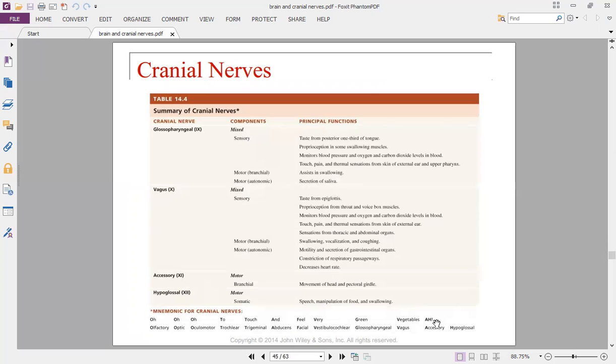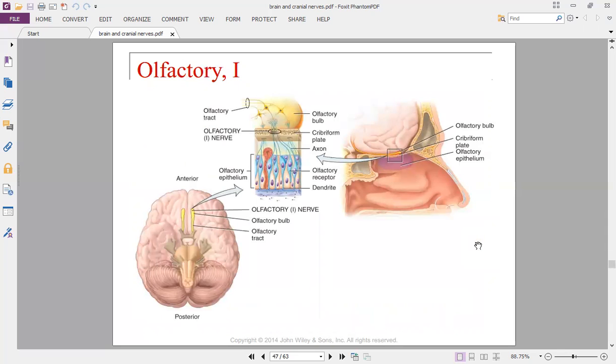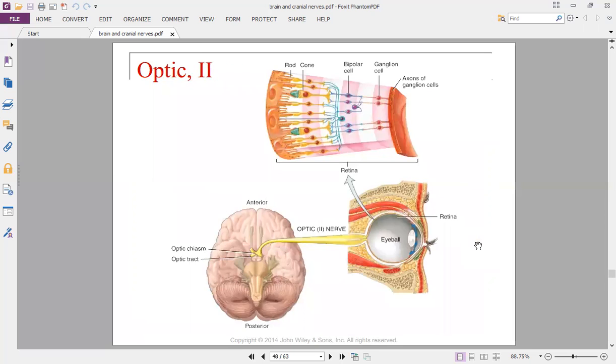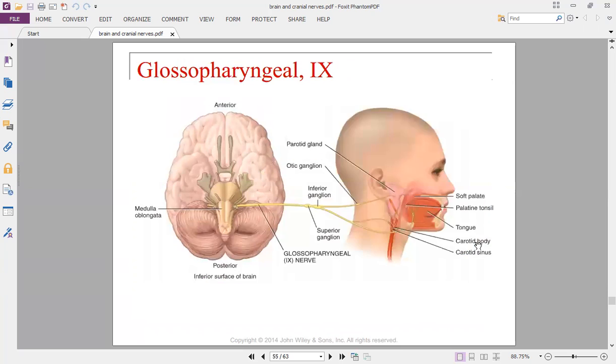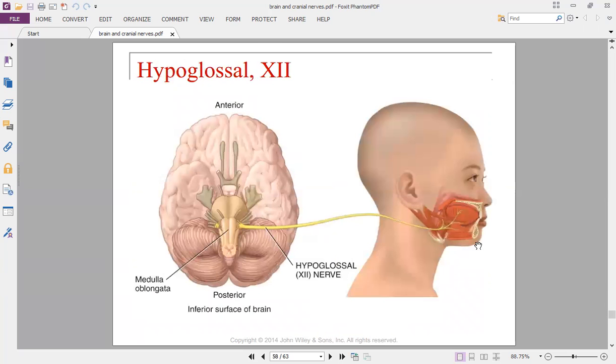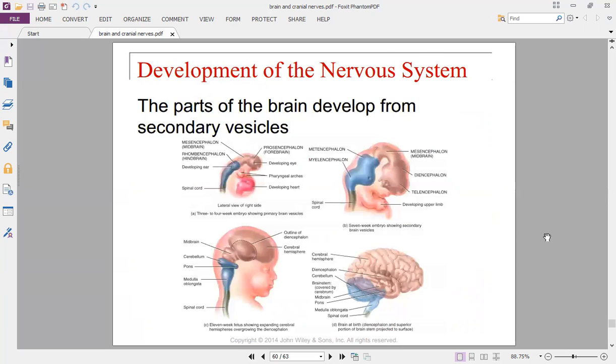So remember how these nerves are involved in perception. You need to remember the name of each nerve and the number by which we denote it. The numbers are written in Roman numerals, so this is how we denote a particular nerve.